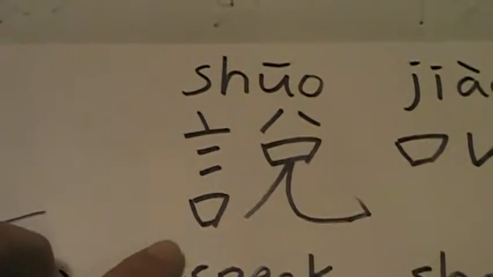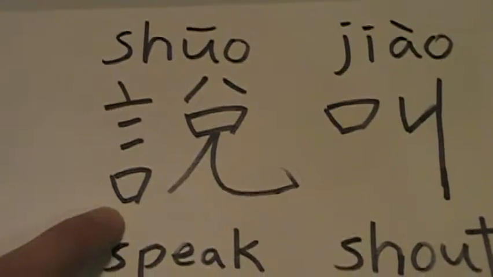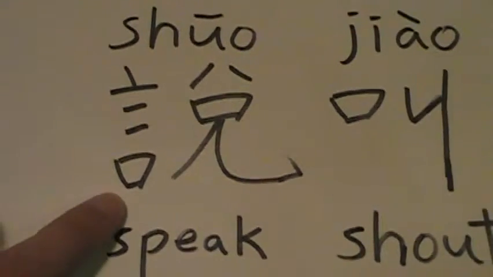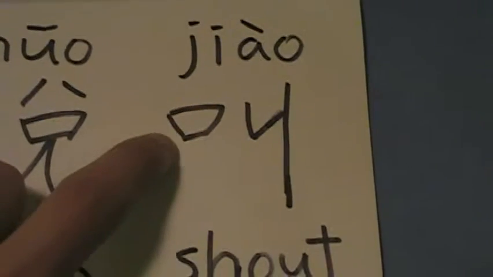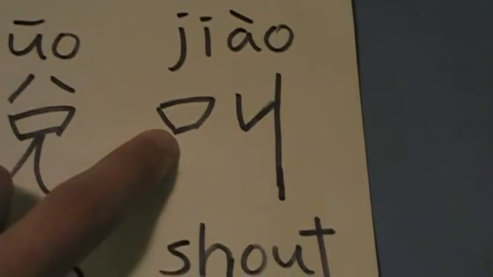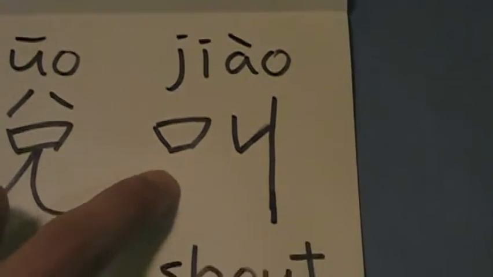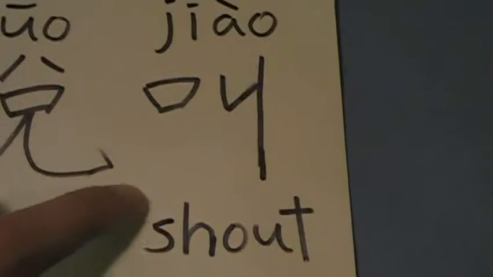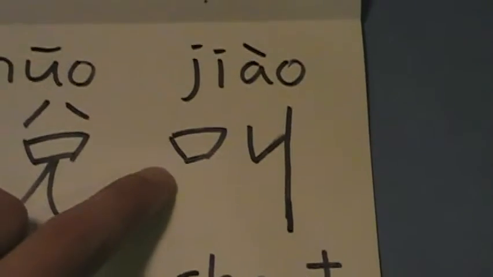So other characters with this character will be used to denote something to do with language. And in 叫, again on the left side of the character, it is comprised of this oddly looking box, which in Chinese means mouth. As in shouting, you'll require the use of mouth, and that is where it gets its component from.